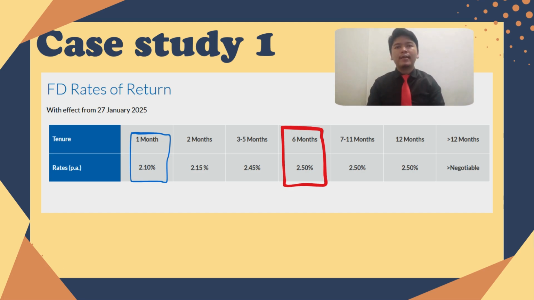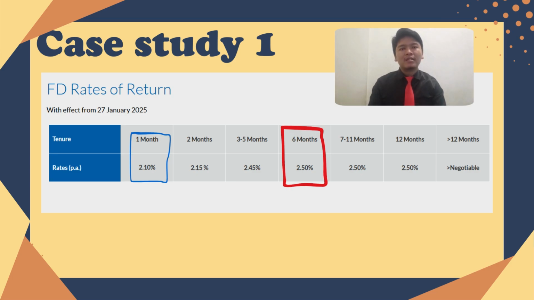As you can see, this is the table of fixed deposit rate of return for our case study 1. For the blue highlight, 1 month is our T, which is T equal to 1/12, and the R is equal to 2.10%, or in decimal it should be 0.0210.